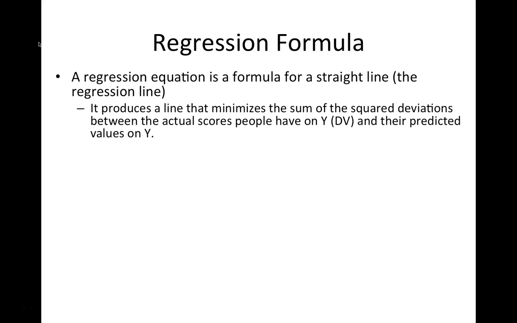So essentially, we want to create a regression line, and we talked a little bit about the regression line in the correlation lecture, that best predicts everyone's values. We want to minimize the distance between people's actual values and the values that we would predict according to our regression line equation.